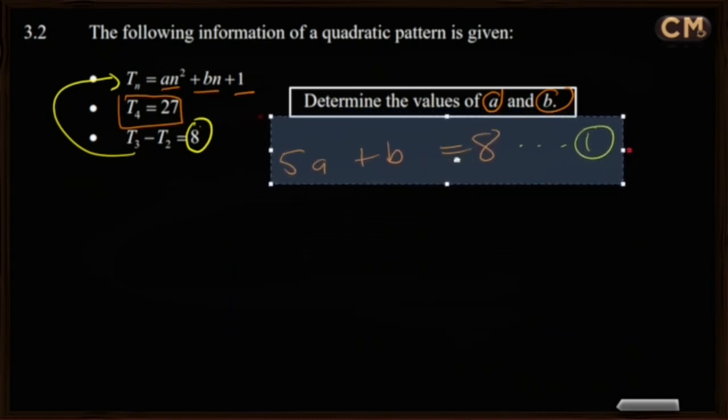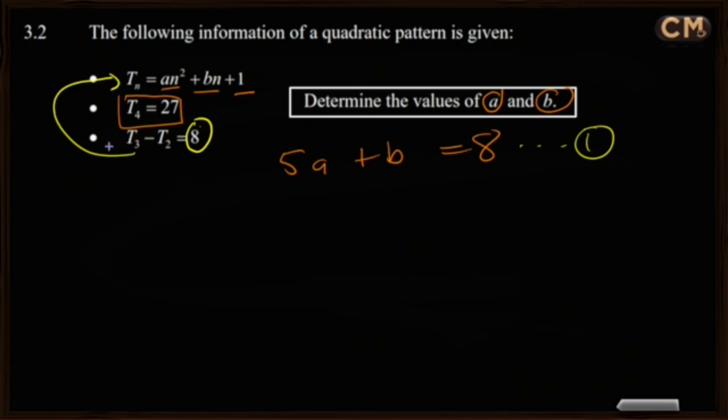Also, now term 4 is equal to, well, a times 4 all squared plus b times 4 plus 1, and that's equal to, well, 27. So let's have a look at that.